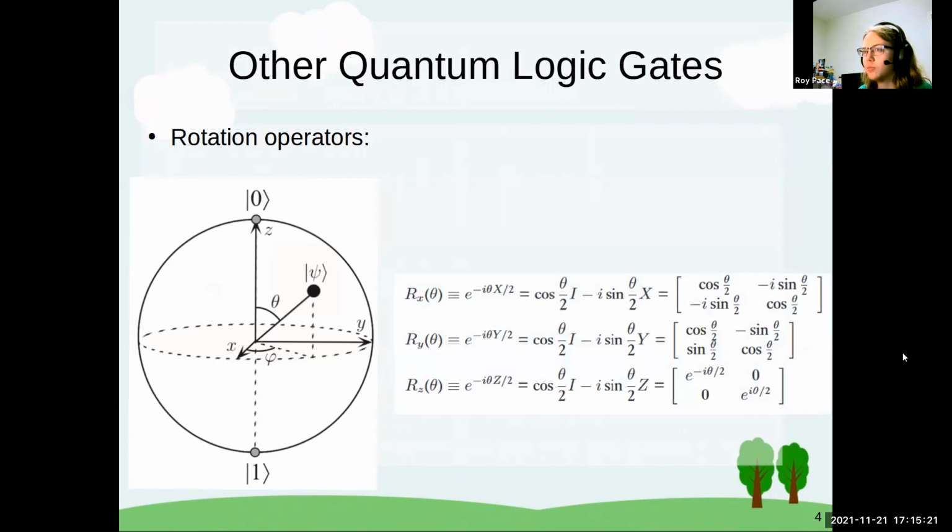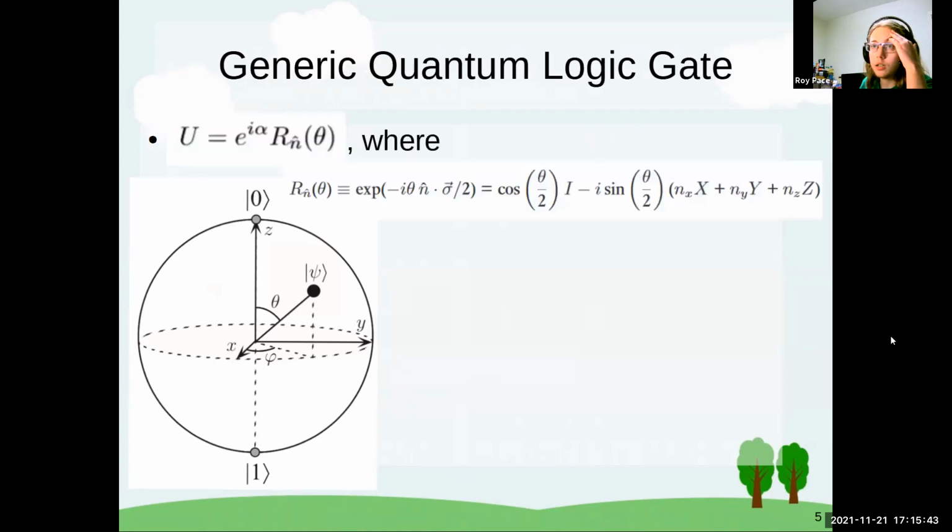So here's some more gates. This is just generalized rotation gates about each axis, and you can see that they're the sum of the identity and their respective Pauli gate, obviously times some amplitude. And then in general, if you just want a single qubit logic gate, you can represent that by e to the i alpha times the rotation about a unit vector.